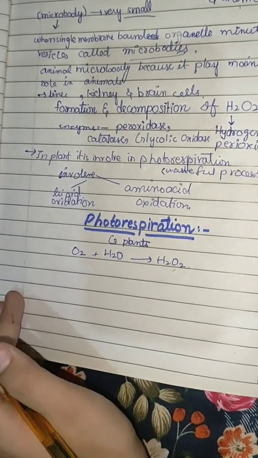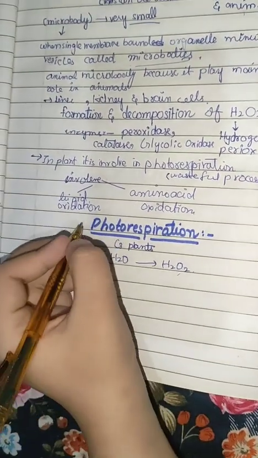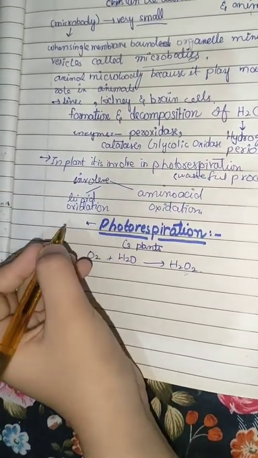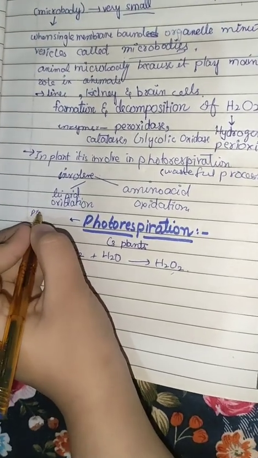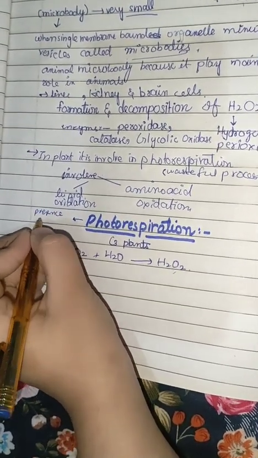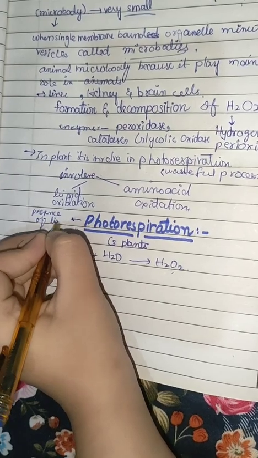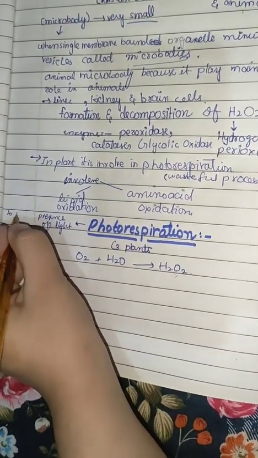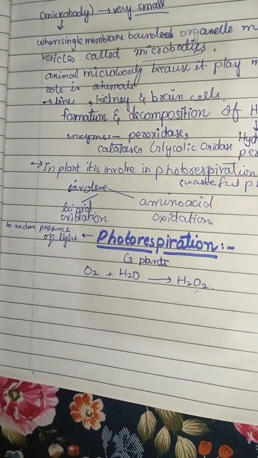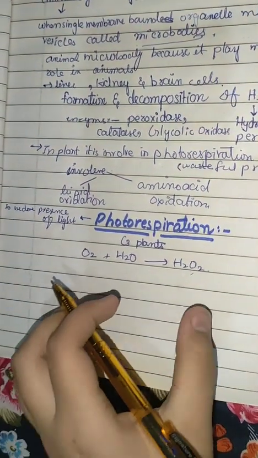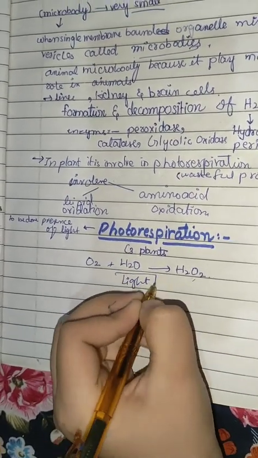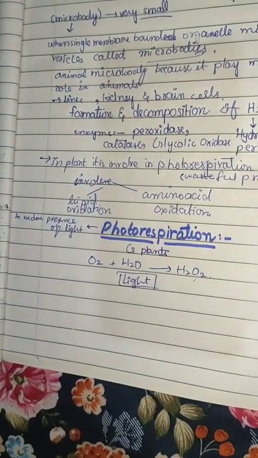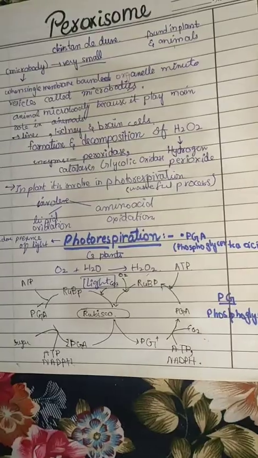Now this is very toxic. Photorespiration is a process done in the presence of light. So now we are putting in the light. Let me draw the picture, then I'll explain.